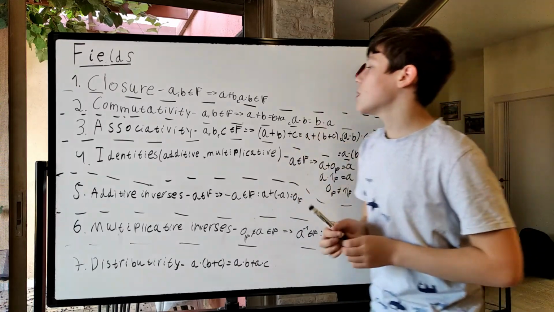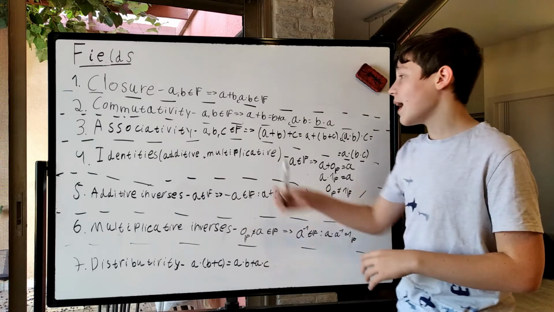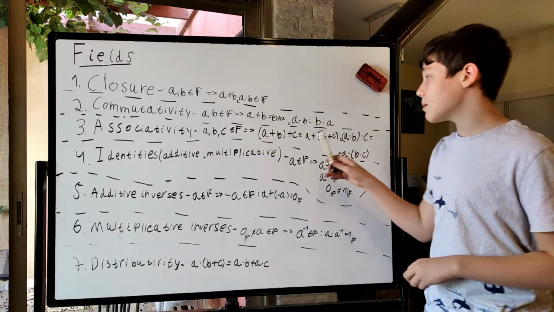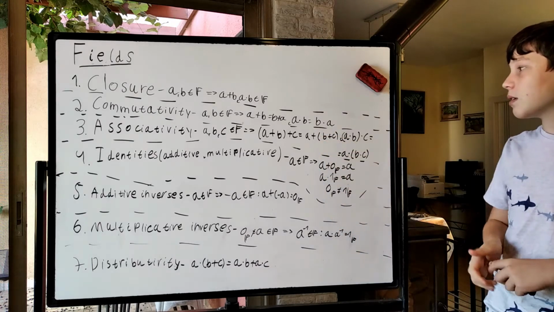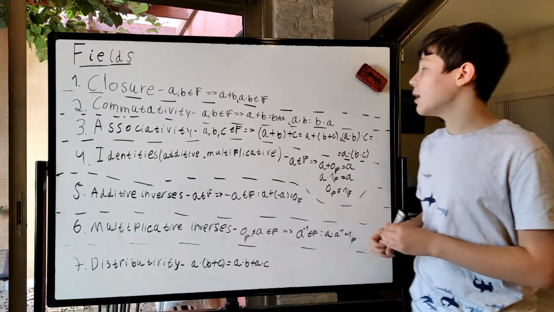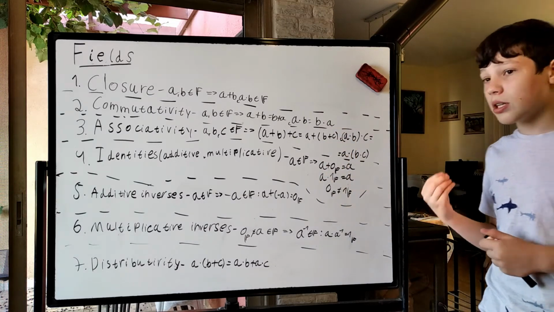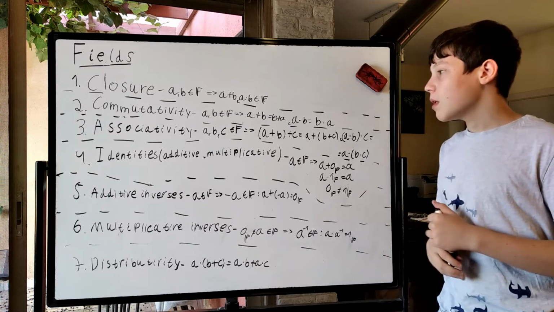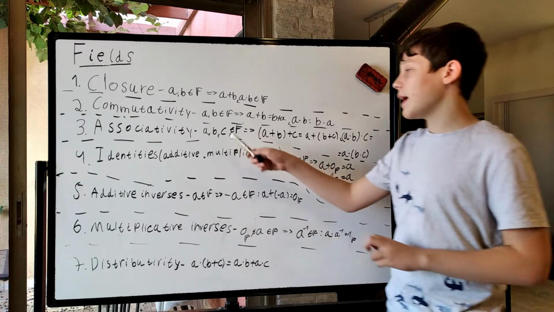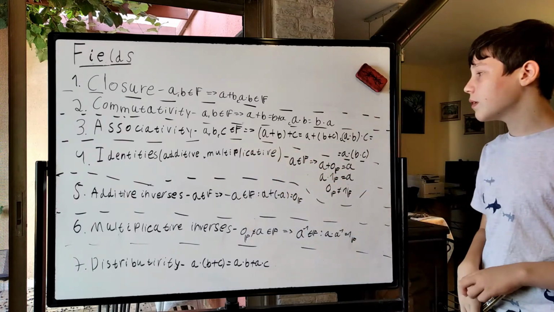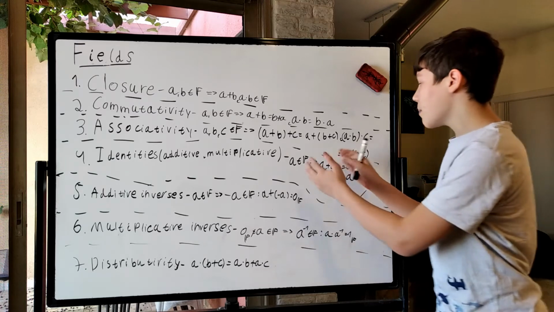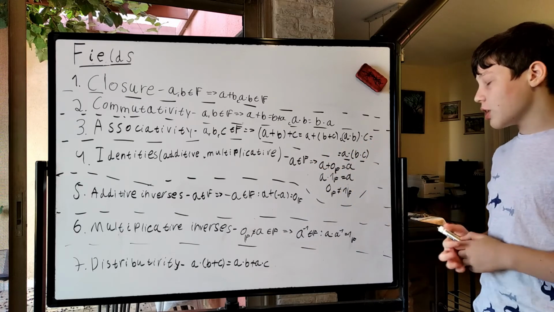Second is commutativity. If A and B are in F, then A plus B is equal to B plus A, and A times B is equal to B times A. We must be able to switch between the A and the B, and the result shouldn't change. The third one is associativity. If A, B, and C are in our field F, that means that the order of summing and multiplying shouldn't matter.